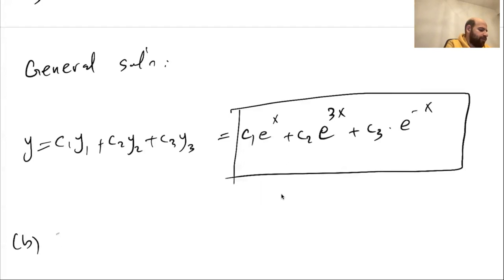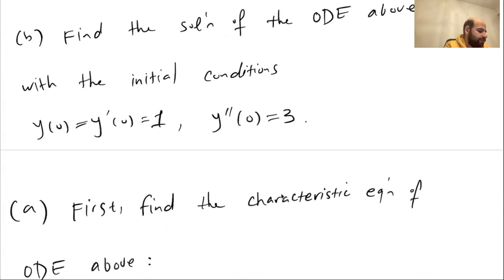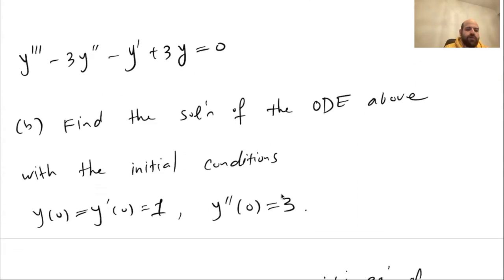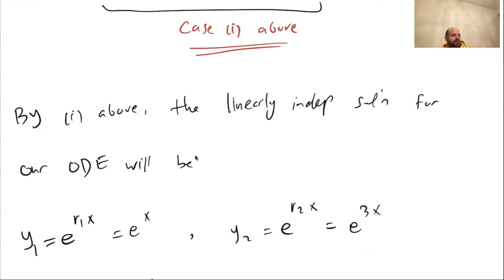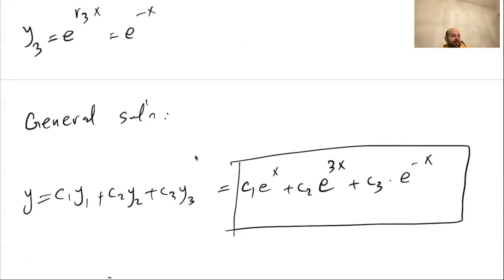let me leave part B as an exercise. It's very simple. Part B, if you remember, the initial conditions were given and you wanted to find the solution. Well, we already know the form of the general solution.